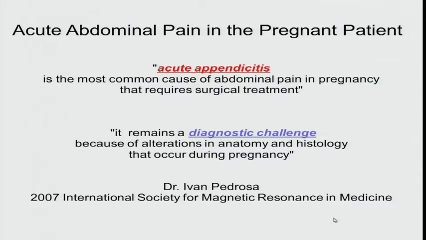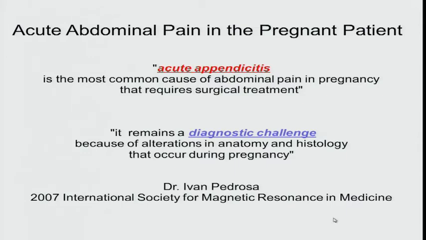And it's a diagnostic challenge in the pregnant patient for a number of different reasons. There are things that are different about a pregnant lady's physiology, and things that are different about her anatomy. Both of those make the clinical diagnosis of appendicitis, which is already difficult, much harder. Before the advent of CT, there was a 20% negative appendectomy rate that was acceptable.